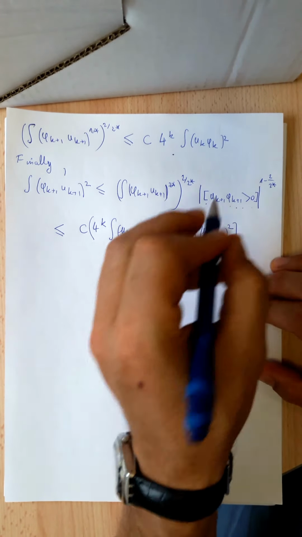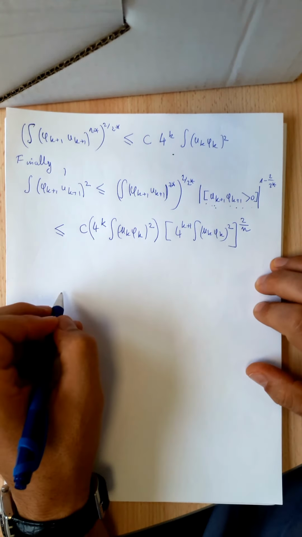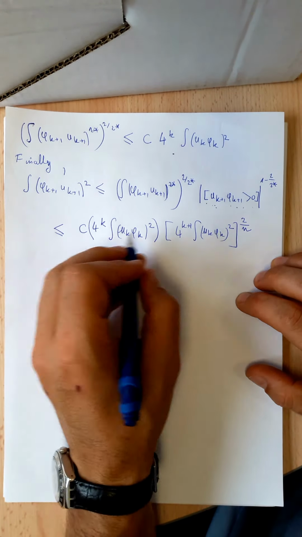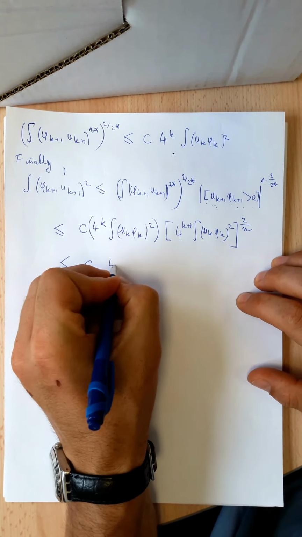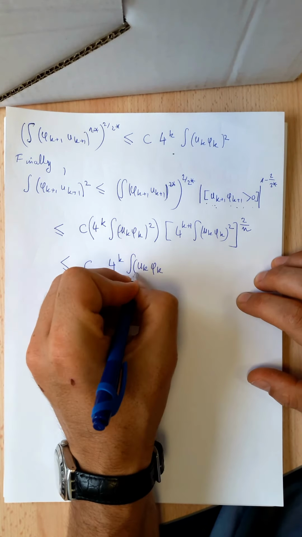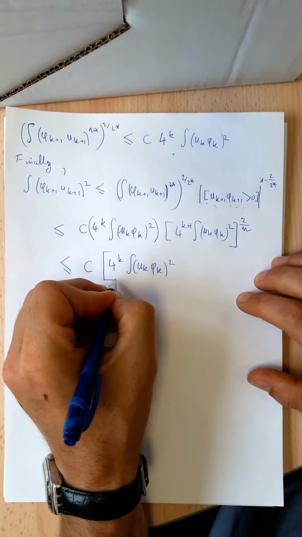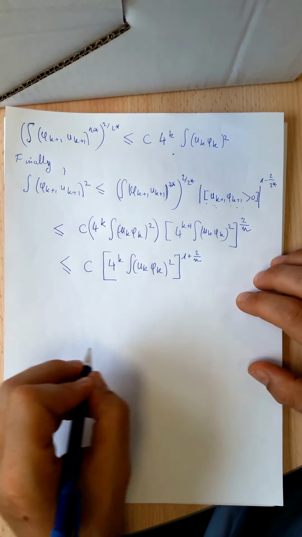And this whole thing to the power 1 minus 2 over 2 star, which is just 2 over n. So if we combine these two things together, we get 4 to the k times the integral of u k phi k squared, and this whole quantity to the power 1 plus 2 over n.